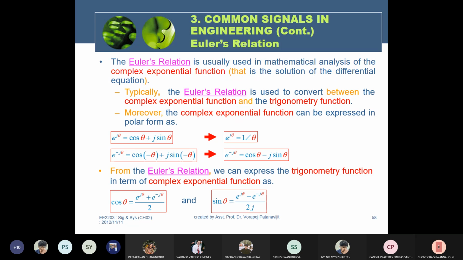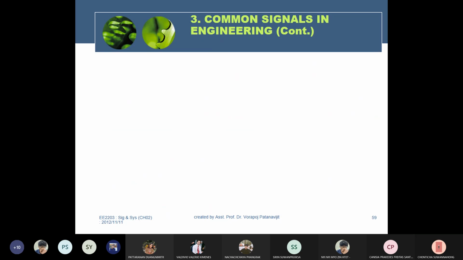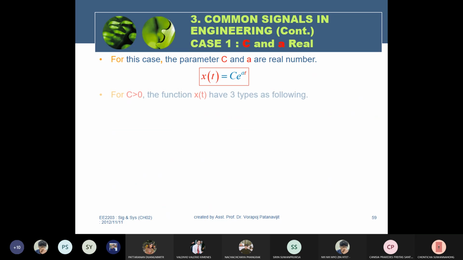Now, sine and cosine: there are three formulas you can remember, or you can prove them if you like, but you use them a lot in mathematical analysis.